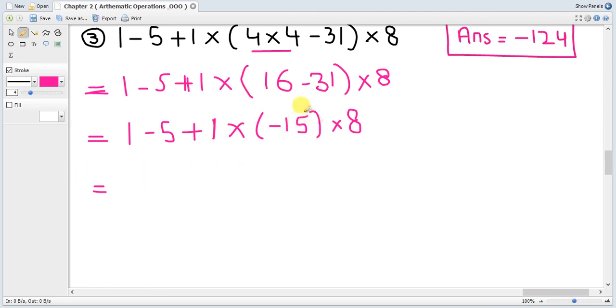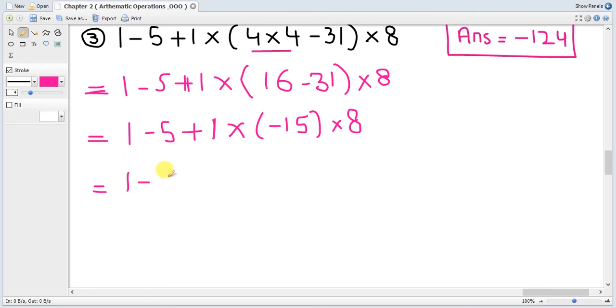Now since there is just one term inside the bracket, there is no need to put a bracket. But since there are two signs that are going to be used, and in between these two signs there is no number, it's better if we put a bracket to distinguish them, right?